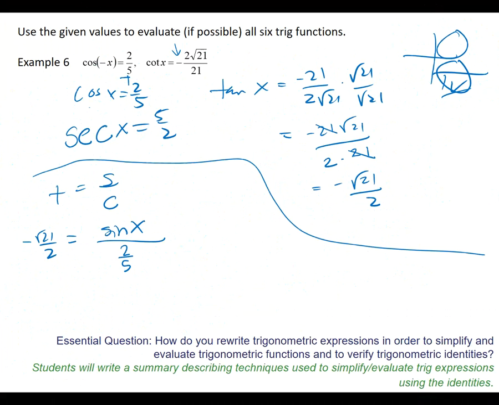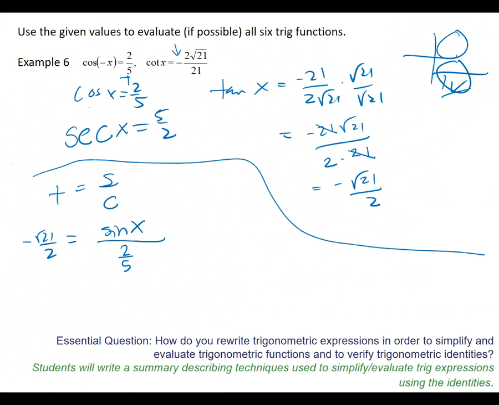I want us to think about something in an arithmetic operation. Let's pretend instead of 2/5, I just had 2 in the denominator. Right now under division, how would I take the 2 to the other side? Multiply. I'm going to do the same thing. I'm under division, so I'm just going to take that fraction and multiply it to the other side.